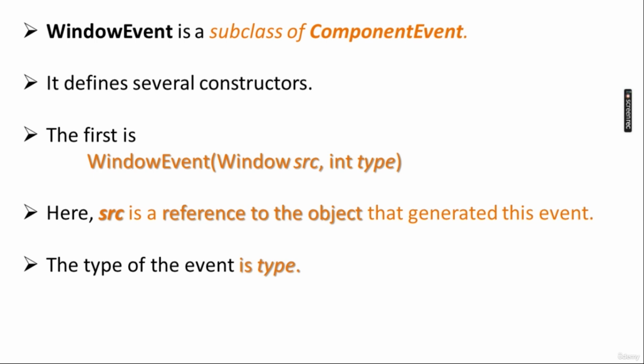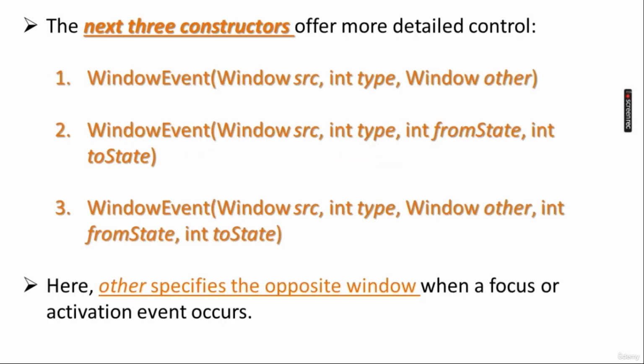It is a subclass of component event and it has several constructors. First is WindowEvent(Window source, int type). Source is a reference to the object, as usual, that generated this particular event, and the type of the event is given by type. More constructors are WindowEvent(Window source, int type, Window other), WindowEvent(Window source, int type, int fromState, int toState), and WindowEvent(Window source, int type, Window other, int fromState, int toState).